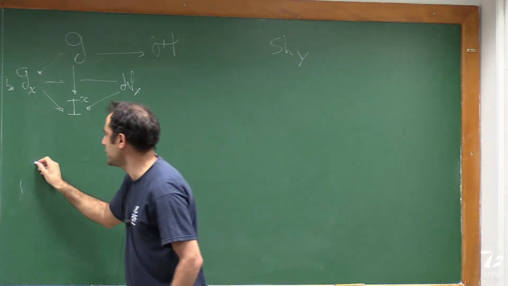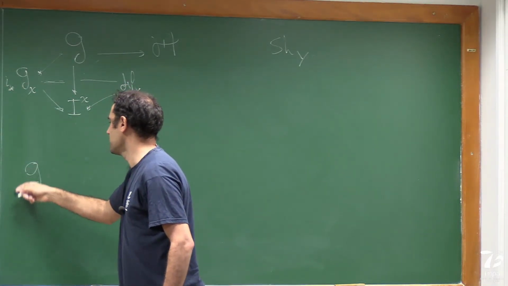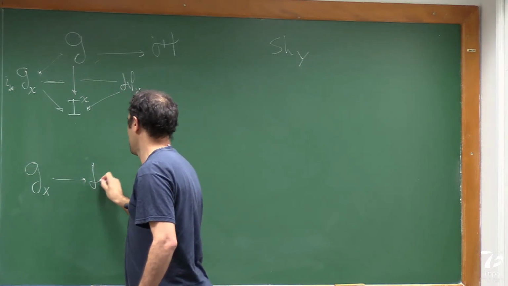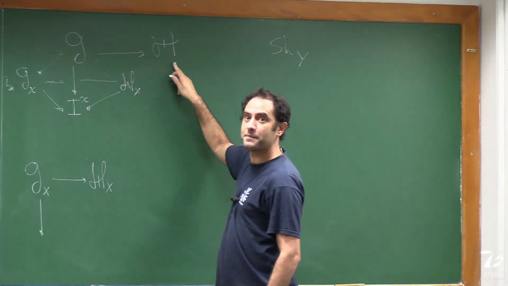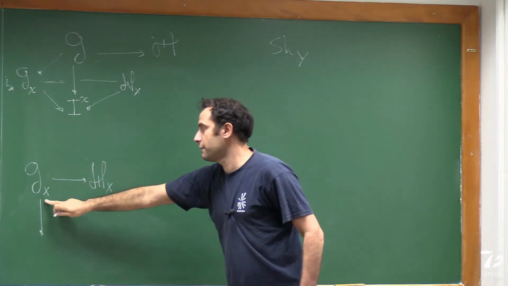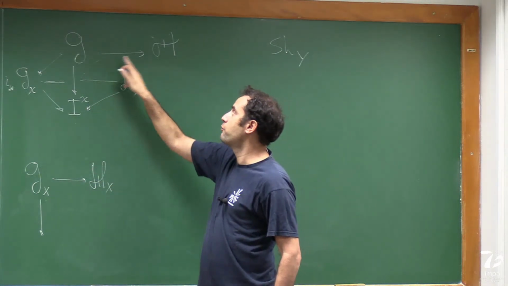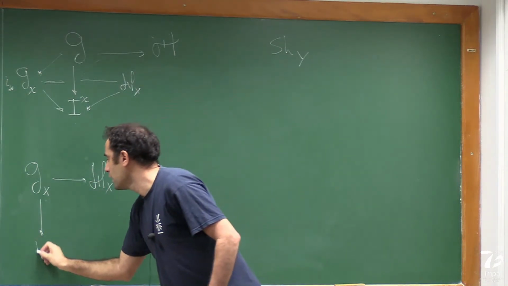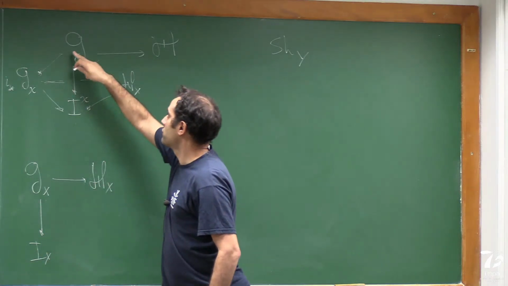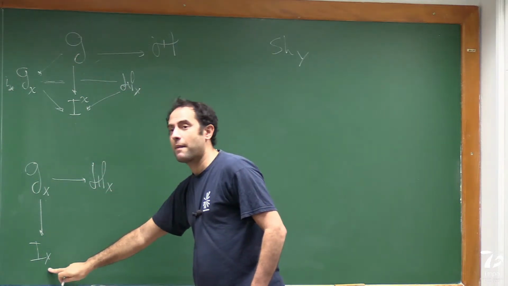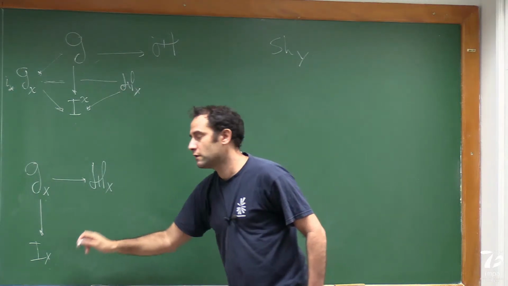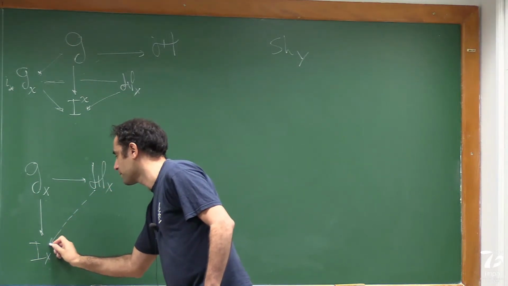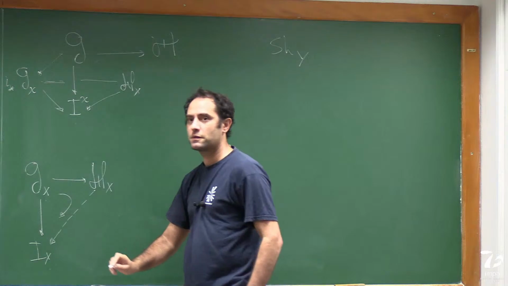Okay, so at the level of abelian groups, the restriction of these maps to the point gives me a map like this. So this is just applying the pullback to the point. The restriction of this map to the point gives me this map, and this is now a diagram of abelian groups, and this is injective. That means that this guy exists, making this diagram commute.